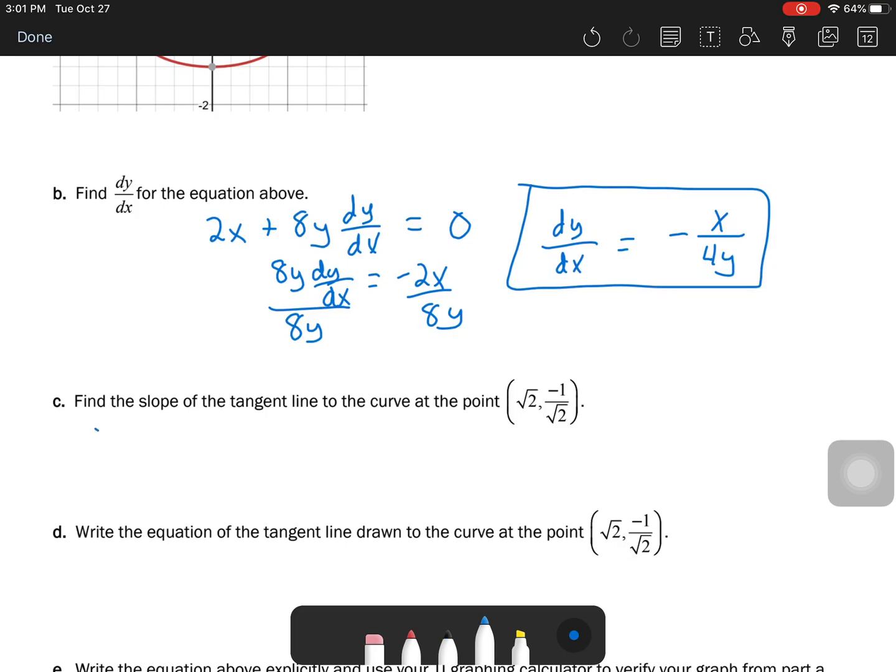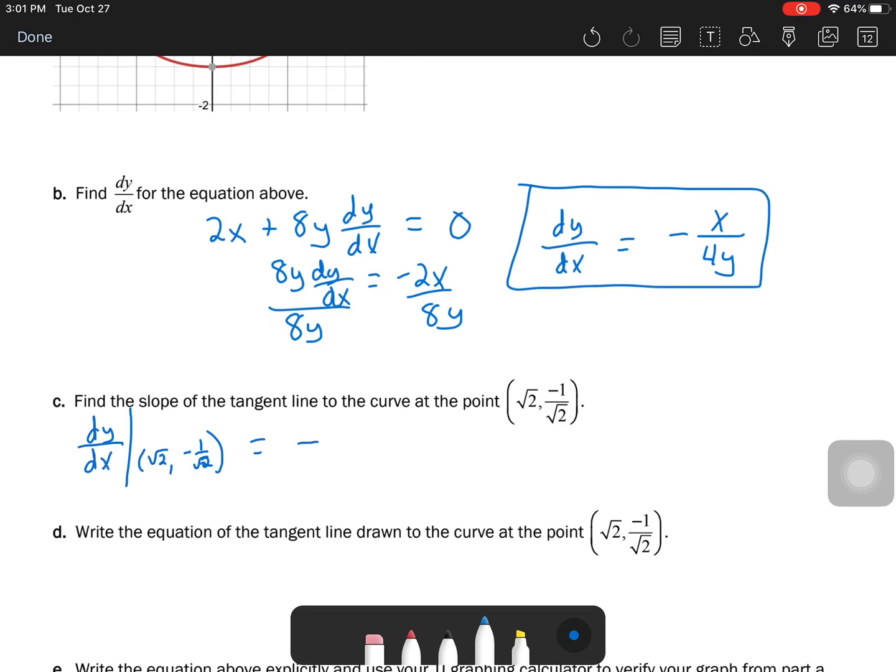The notation we could use is dy dx evaluated at the point square root of 2, negative 1 over square root of 2, which might be a notation that you would see for that. And so, showing that's what we're doing, we would just plug these values in.